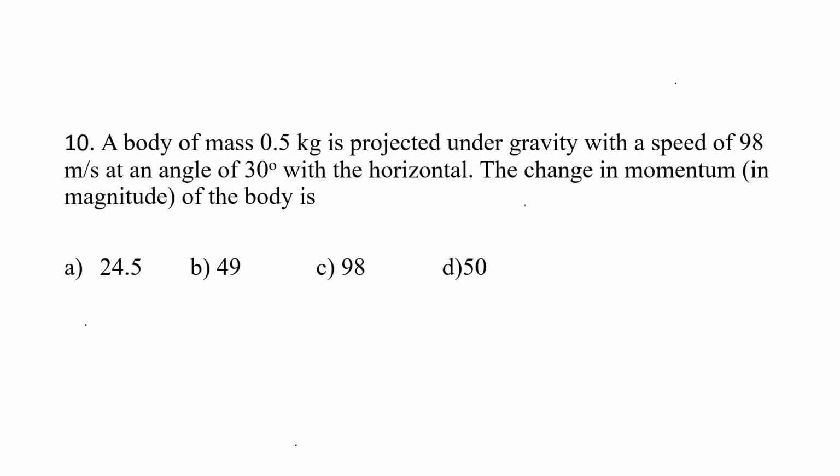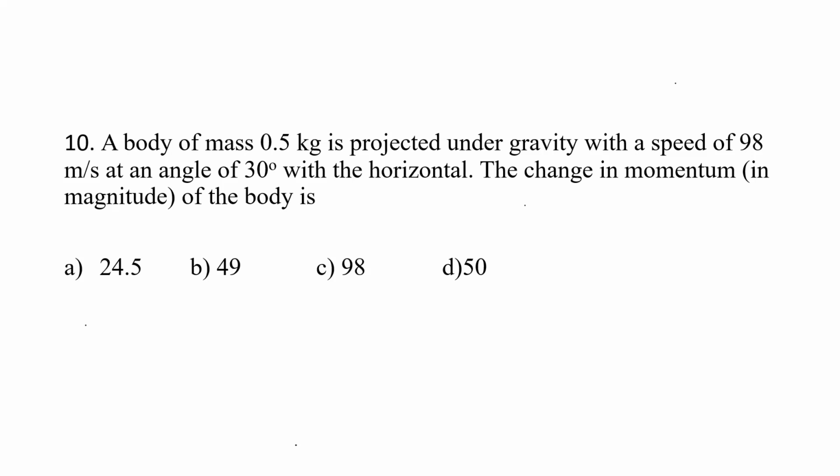That is, a body of mass 0.5 kg is projected under the gravity with a speed of 98 meter per second at an angle of 30 degree with the horizontal. So mass is given as 0.5 kg, speed is 98 meter per second and the angle is 30 degree. So what we need to calculate?